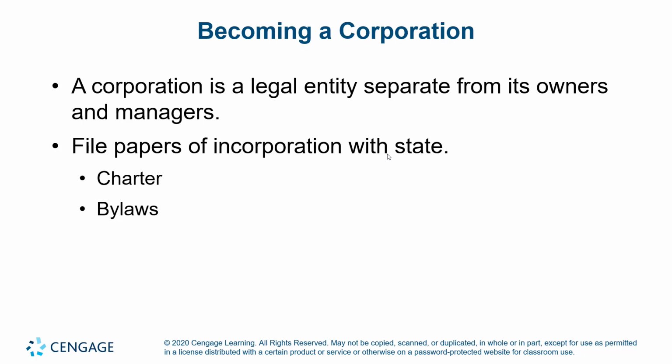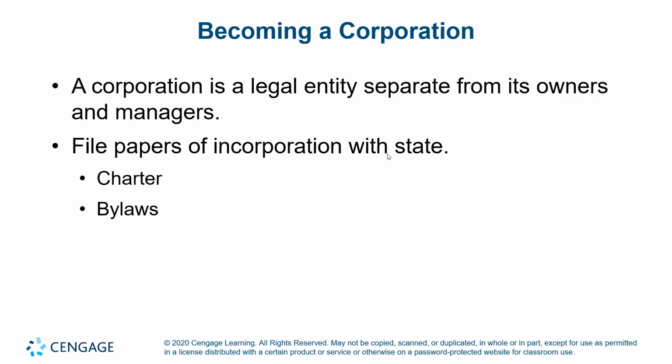A corporation is a legal entity separate from its owners and managers. So managers are the agents and the owners are the suppliers of funds, and those are stockholders and the bondholders or debt holders. So in the firm, there is a separation of ownership.